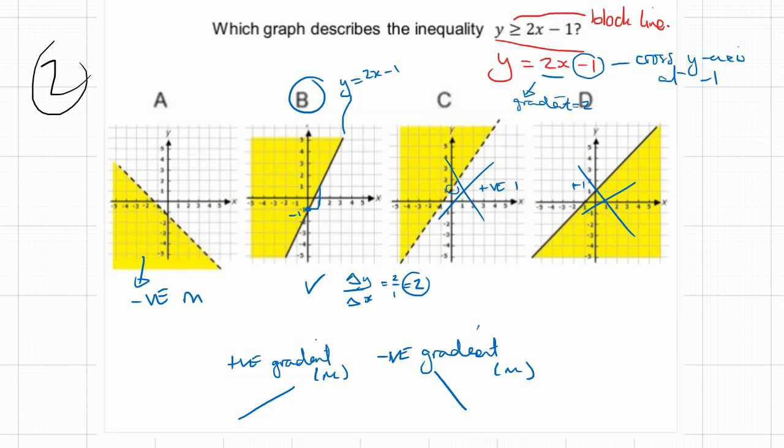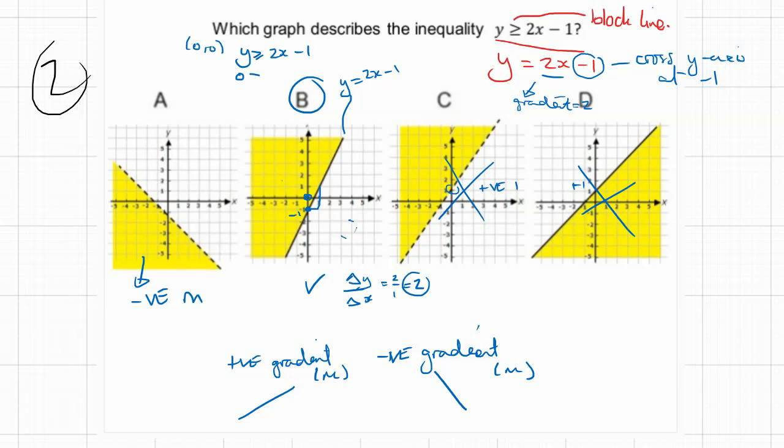Let's check it's the right area shaded. It shouldn't be this area down here. Let's pick this point here. I always think if you can pick 0, 0, pick 0, 0, because it's so easy to substitute into. So substitute it into our y is greater than or equal to 2x minus 1, sub in 0, 0.